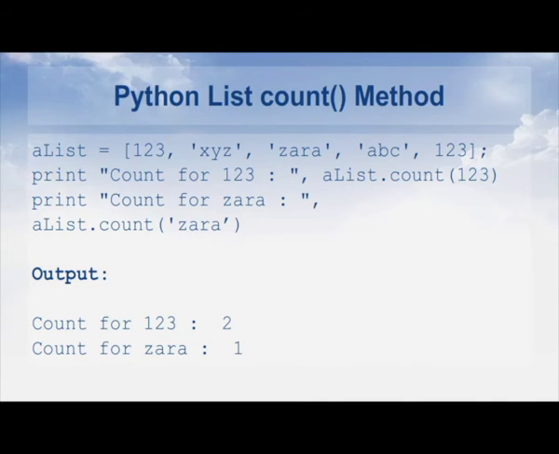Now I say count for Zara, how many times the text Zara is there in my list? It is occurring only once. So a list dot count of Zara returns the answer 1. So now you understand what count returns. Count returns the number of times, or the frequency, of items that occur in a list.